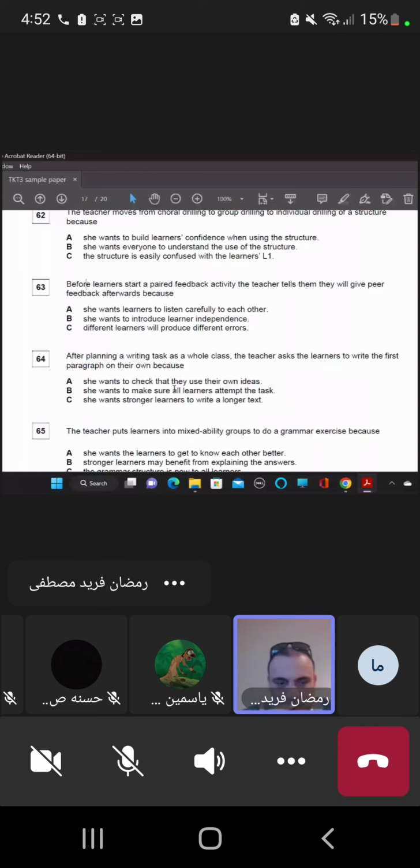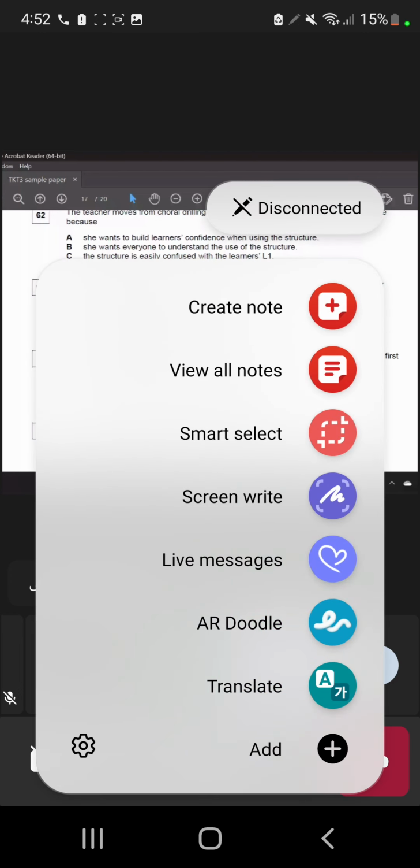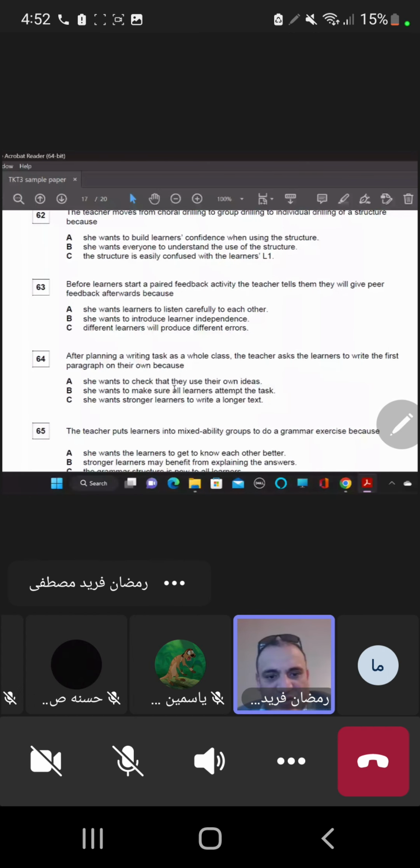That is the last one we might think of. Is that correct? No. We will start doing this activity because we learn from. 64. After planning a writing task as a whole class.